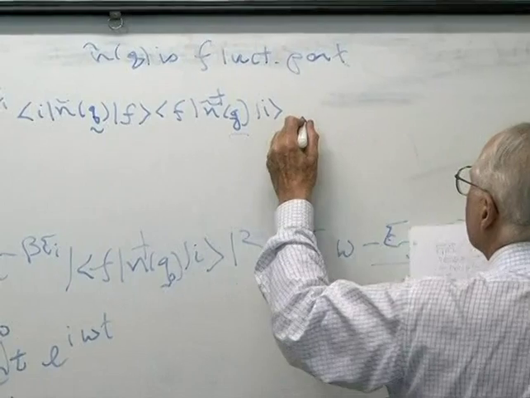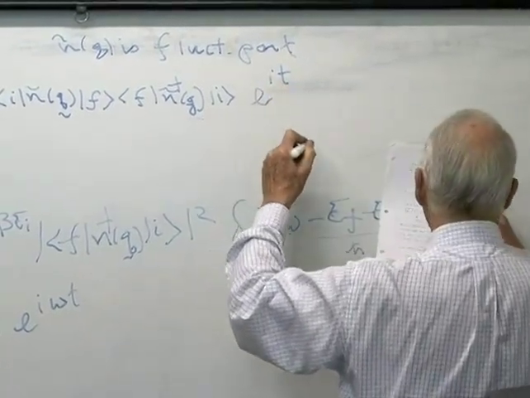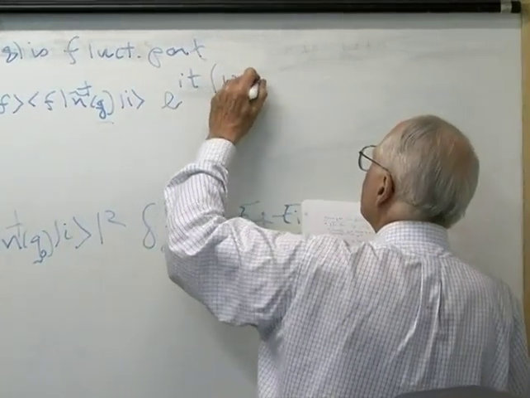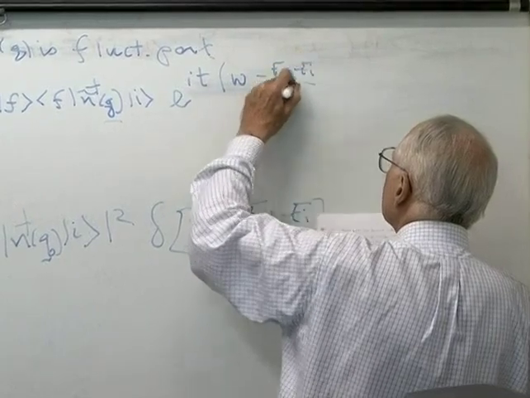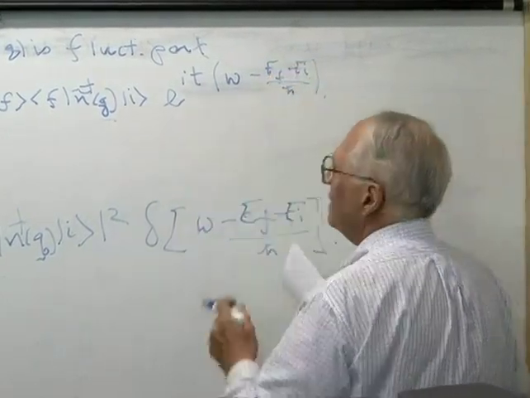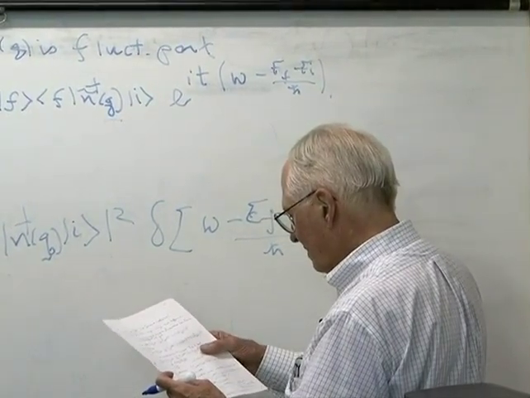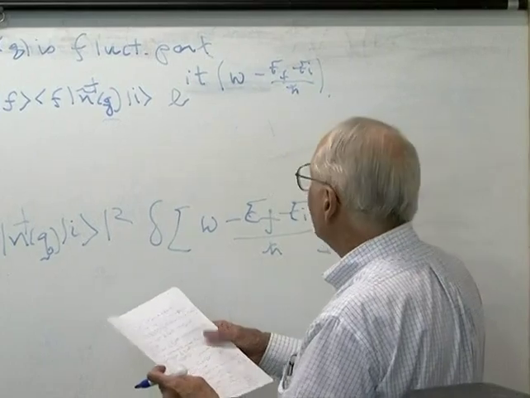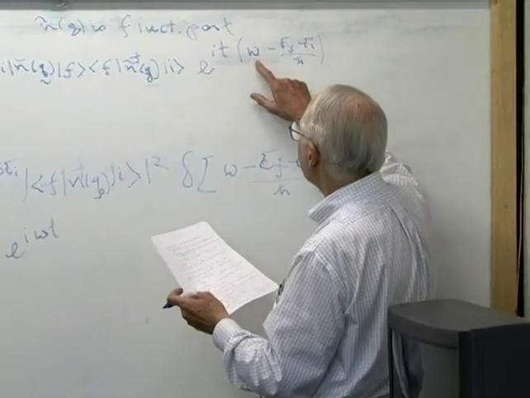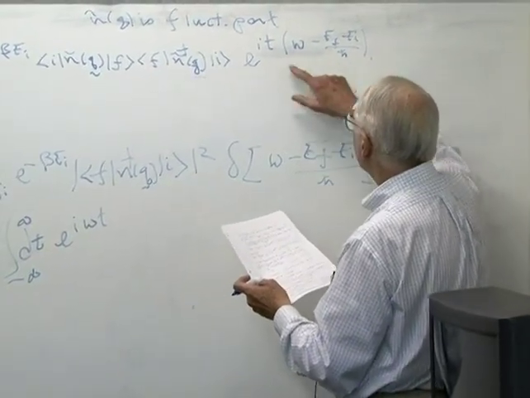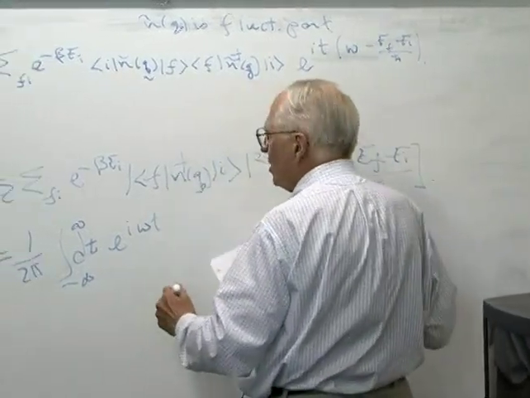And now I get this exponential of i t times omega minus E_f minus E_i over h bar, like that. So I get the factor of e to the i t omega. Then I get this factor of e to the i t. Well, let me now notice something.